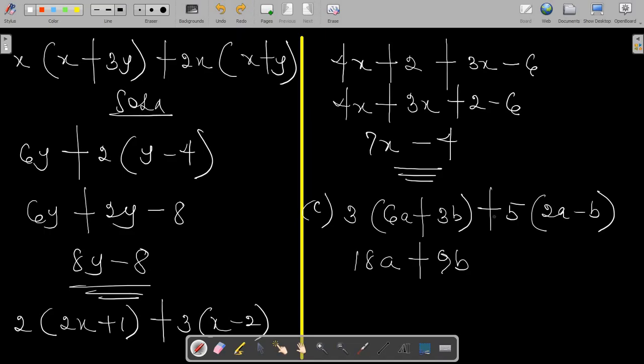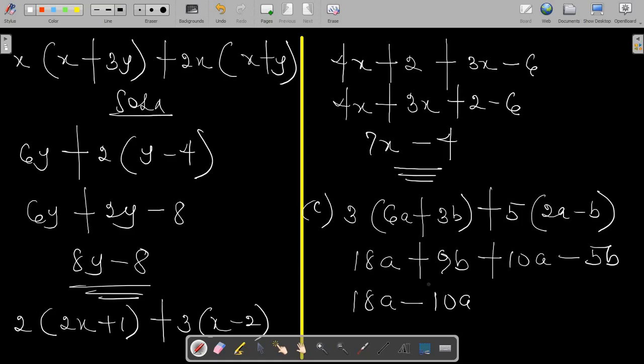So let's move on. 5 times 2, we have it to be 10a. You can see a is attached to it again. So plus times minus, we have it to be minus. Then 5 times b, we have to be 5b. So let's be very careful. This time around, we are going to collect like terms again. So we have 18a minus 10a. Oh, it is positive 10a. Here we are not crossing any bridge.